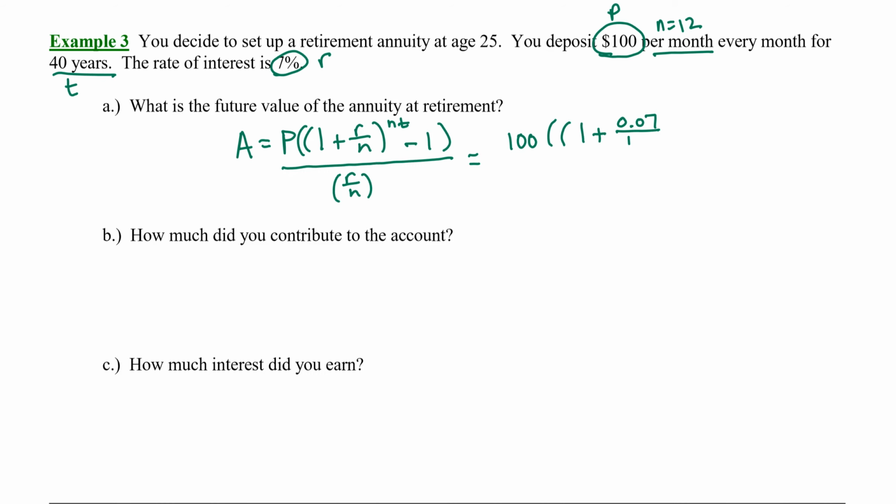We're looking at 12 payments per year. We're also assuming that interest is compounded 12 times per year. We're going to do this for a long period of time. So if you did this from age 25 for 40 years, this would bring you to retirement age 65, divided by 0.07, R divided by N, 12.